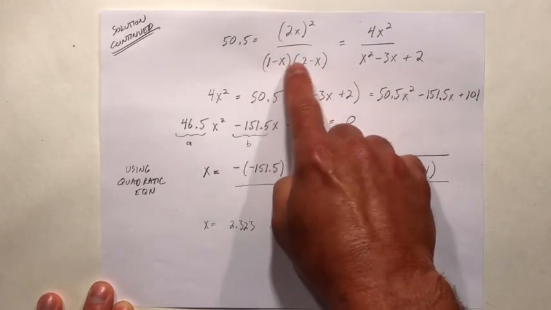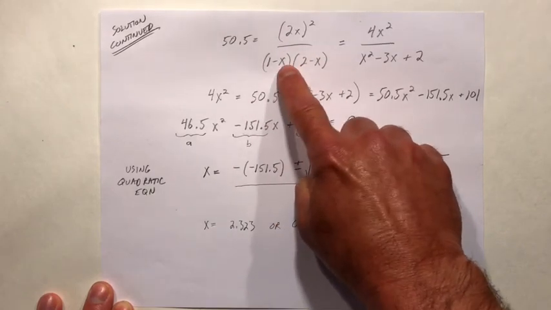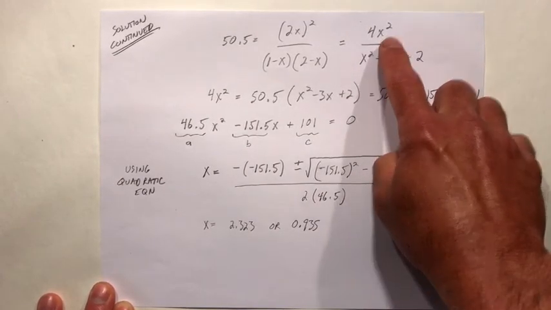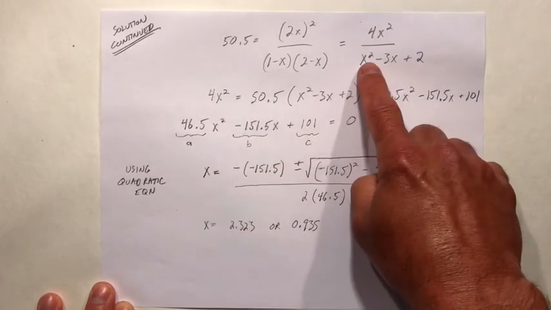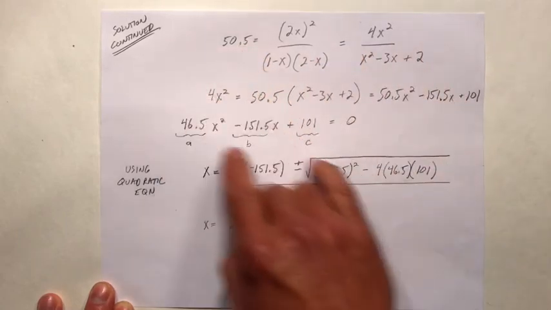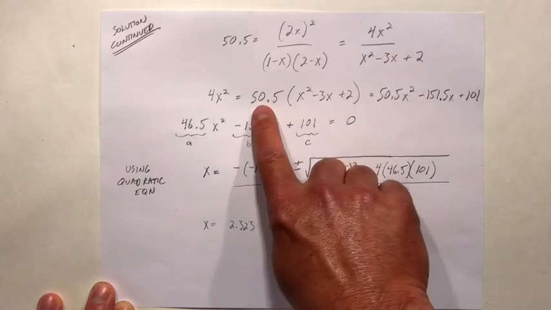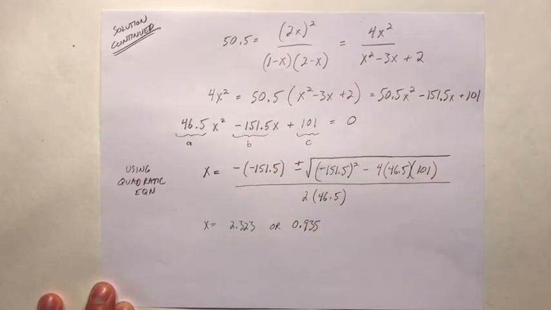We use the FOIL method first, outer, inner, last, and then combine our values. Rearrange it so we get that 4x squared is equal to this, and then we take this and multiply it over on that side, distribute that 50.5 by multiplying it by every term inside the parentheses to get the right-hand side of the equation.